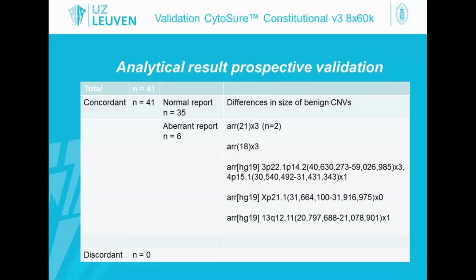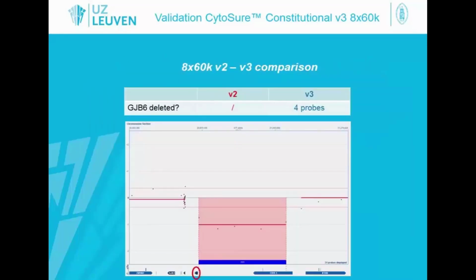The other ones were somewhat smaller, but I would like to focus on the last one. So this was a deletion on 13q12.11, and we detected this deletion with our V2 platform. But we were wondering if this gene was also involved in the deletion, because there were no probes spotted here for this gene.